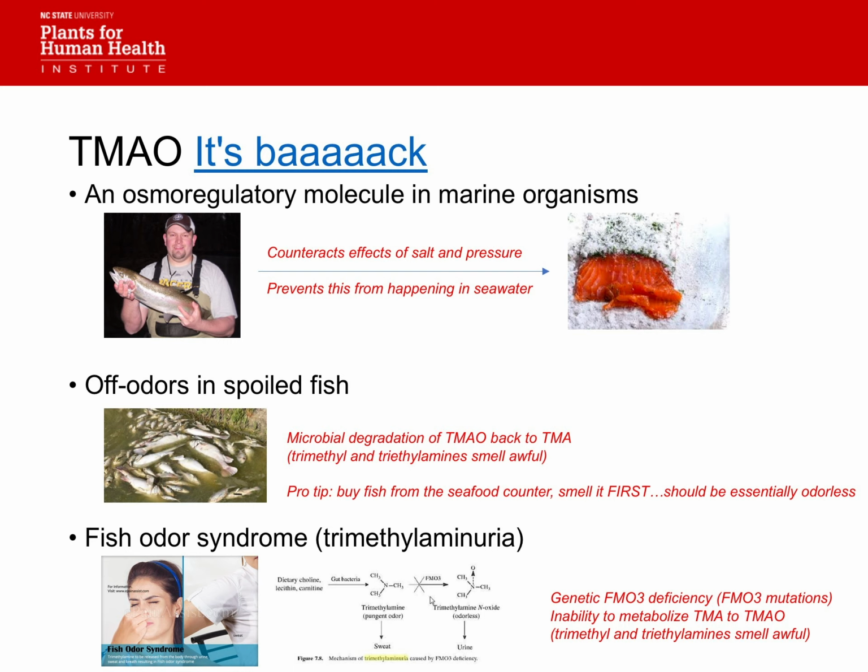So we've known about this for fish. Has anybody heard of fish odor syndrome? Trimethylaminuria? This is a pretty rare genetic disease. They actually don't know how often it occurs. But individuals that have this are not able to convert trimethylamine to TMAO because they have mutations in their FMO3 gene.